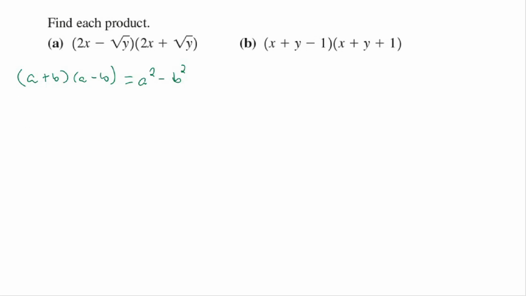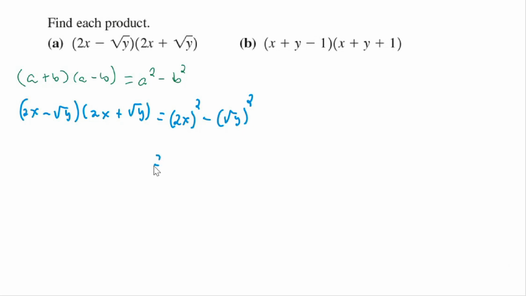So we have 2x minus the square root of y times 2x plus the square root of y. So our product for that will be in this form, a squared minus b squared, or the square of the first term. So the first term is 2x. Then we are going to square minus the square of the last term. So our last term is the square root of y, and then we are going to square.